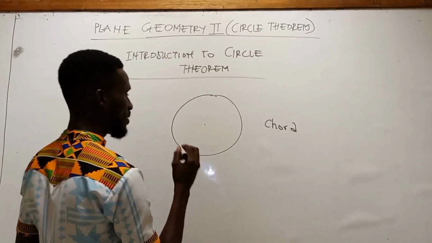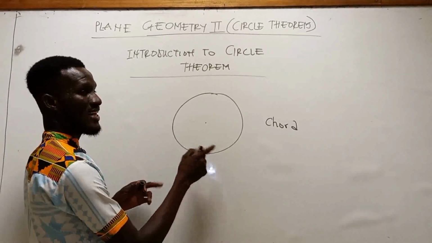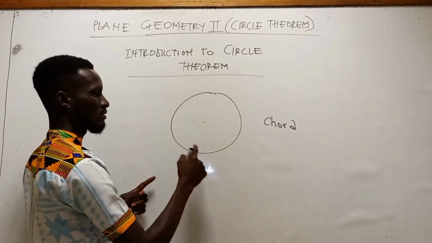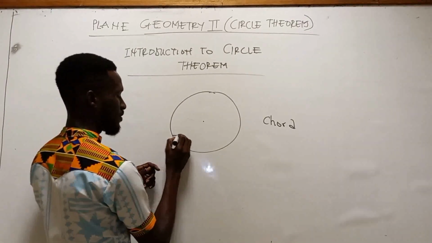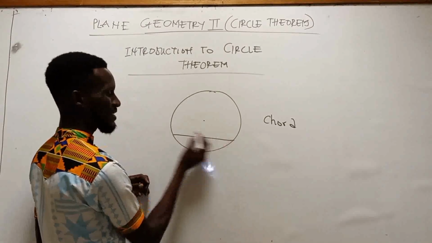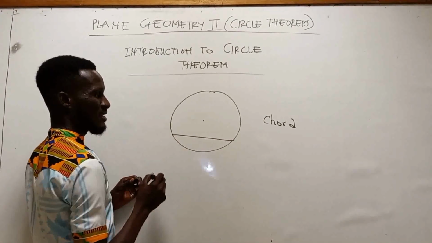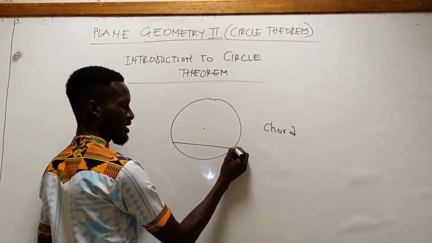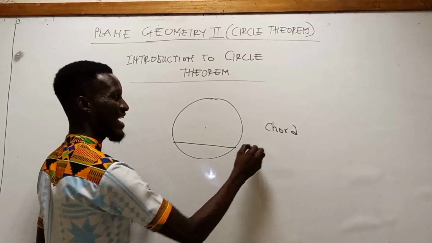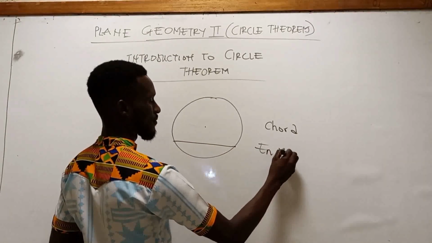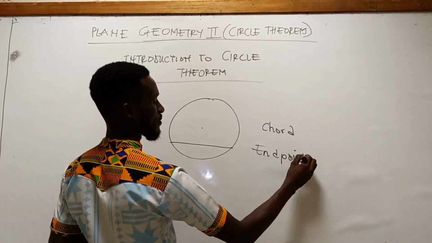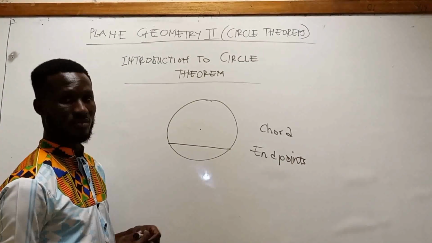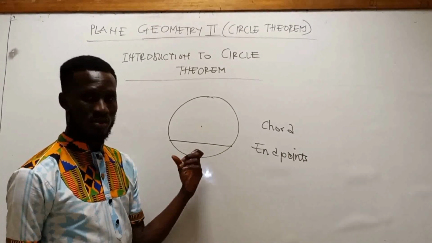When we have a straight line that meets the circumference of a circle at 2 points, from here to here, this one and this one are called the end points. And this is what we call a chord.